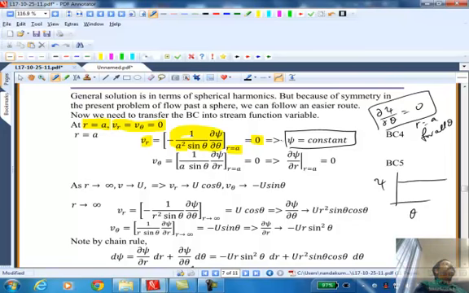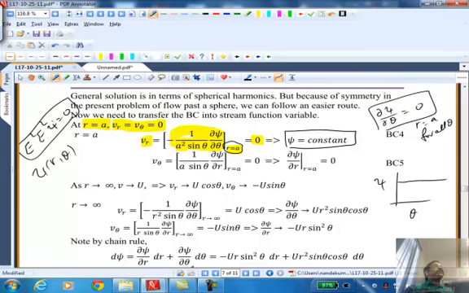Question: can psi be a function of r? Psi will be a function of r. But this is evaluated at r equal to a. In general, psi is a function of r and theta, and we have this equation E squared psi is equal to 0. So psi is going to change in the radial direction and in the angular direction, just like Vr and V theta will change.